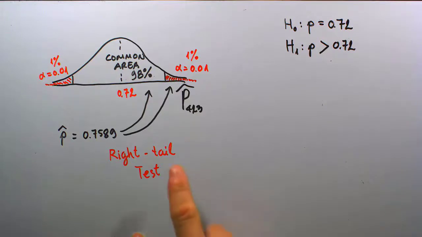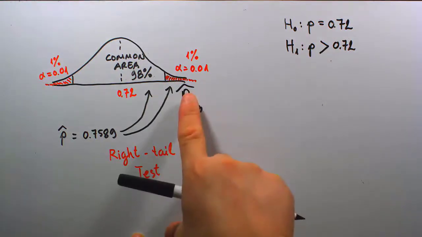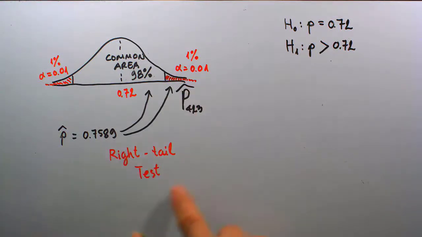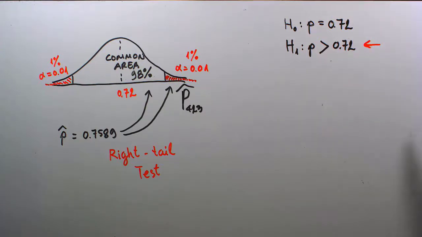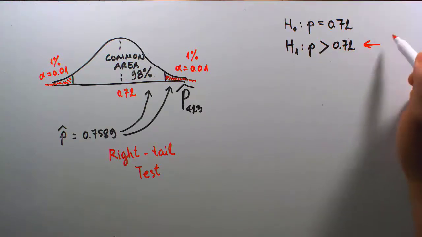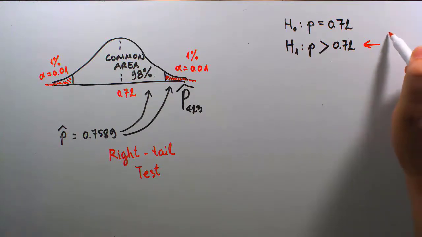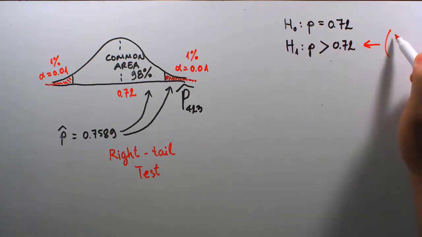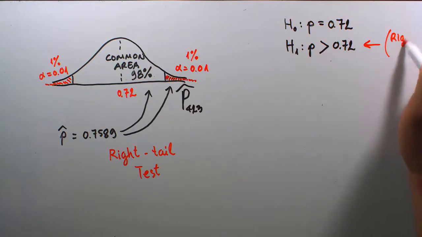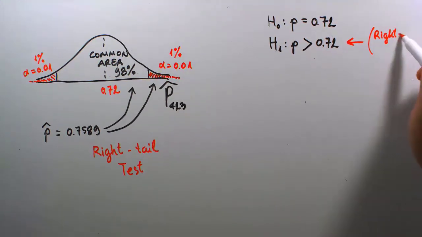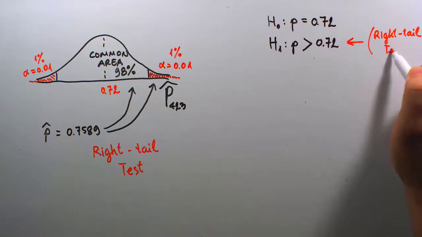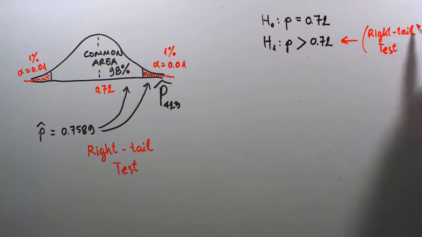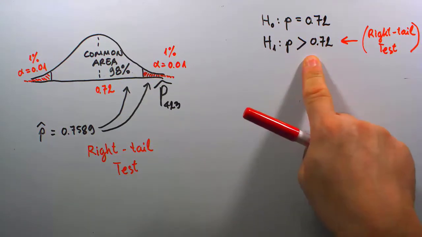Even though this is our actual explanation of what it means to be a right tail test, usually by simply looking at the alternative hypothesis in the beginning of our hypothesis testing problem, that should be enough for us to identify that our test would be either a right tail or a left tail test. So we were able to tell that our test in this problem would be a right tail test, simply by looking at the alternative hypothesis.